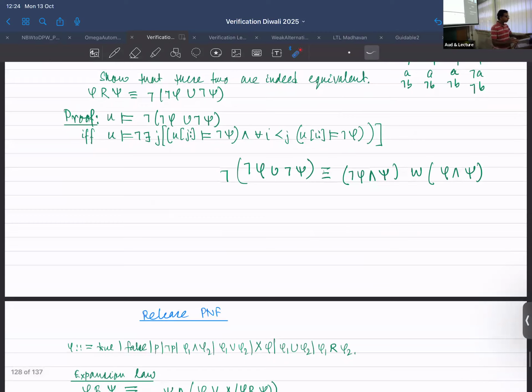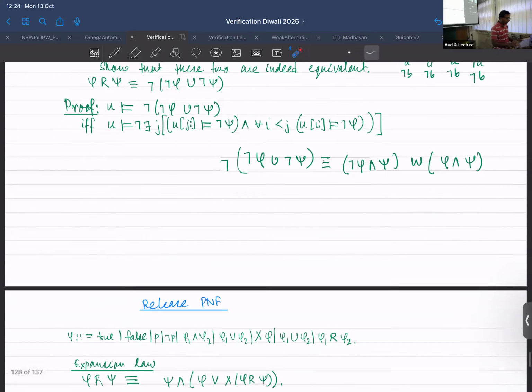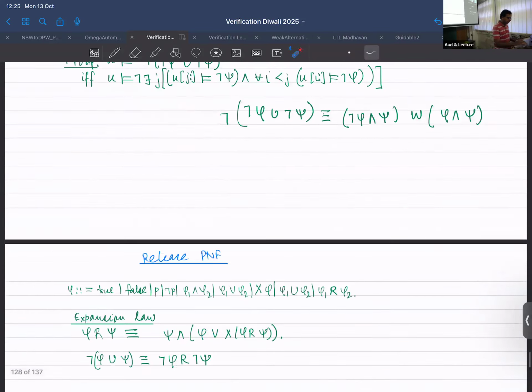Okay, so how does the release positive normal form look? Now we have phi 1 until phi 2 and phi 1 release phi 2. We saw this expansion law, and we also saw that phi release psi is the negation of the negation of phi until the negation of psi.